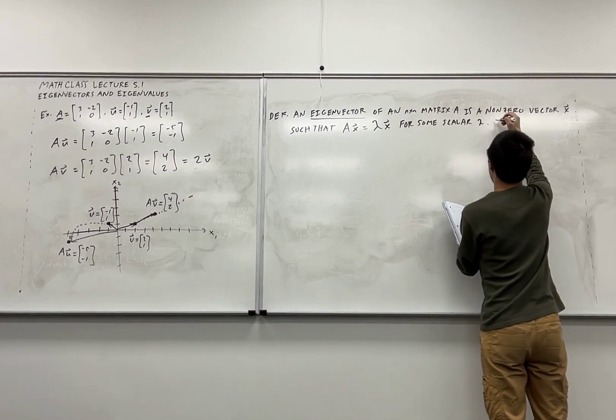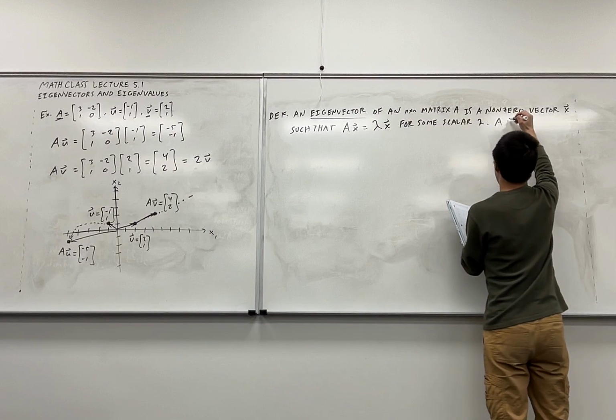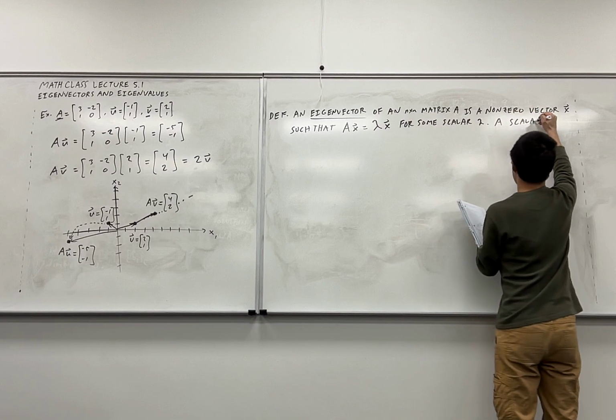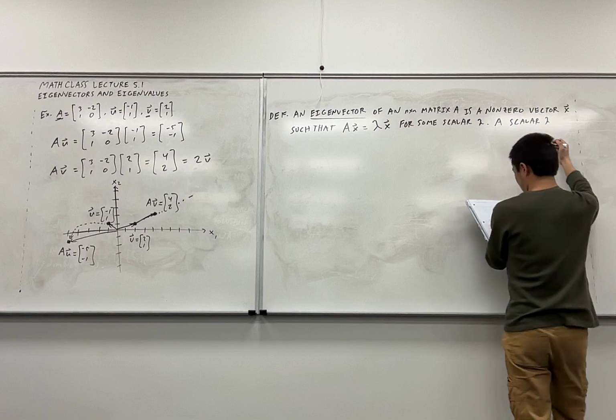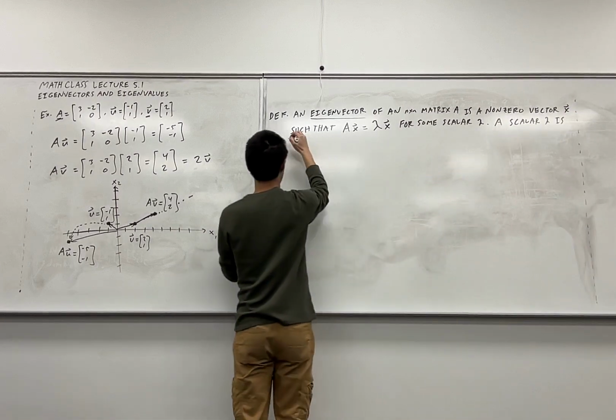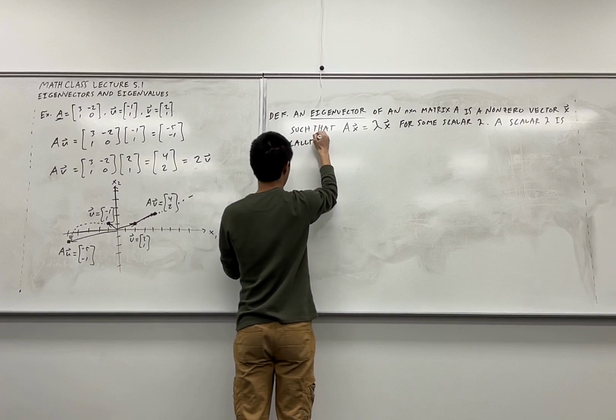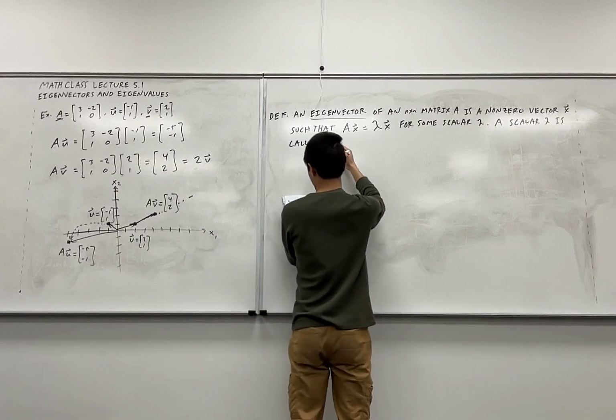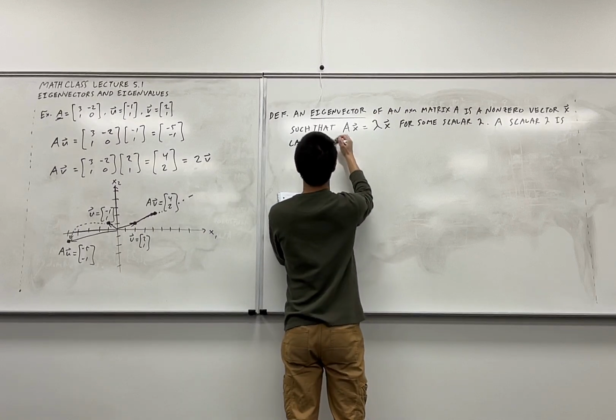Now, we have a special name for this particular scalar as well. A scalar lambda is called, you could probably guess just based off the section title, is called a what?